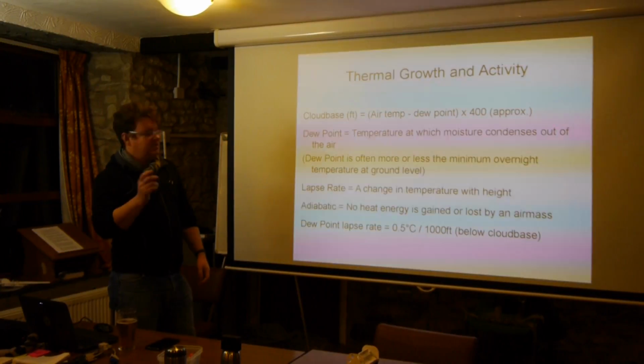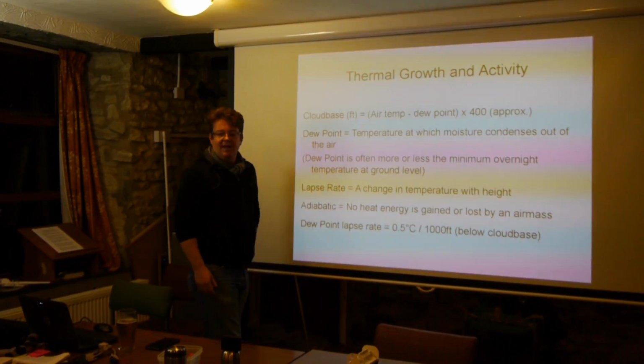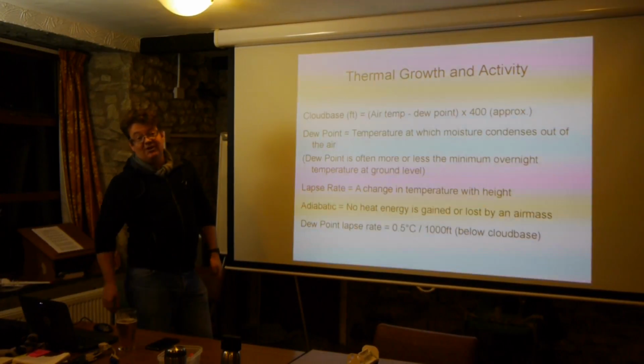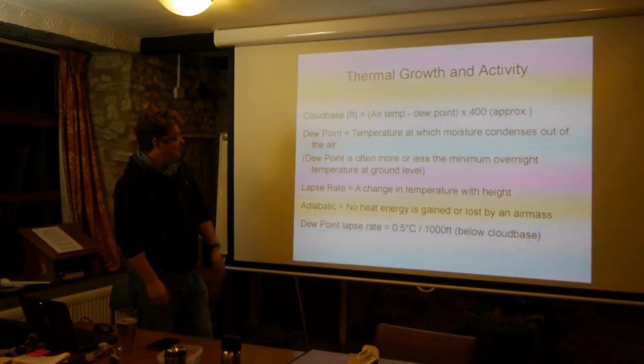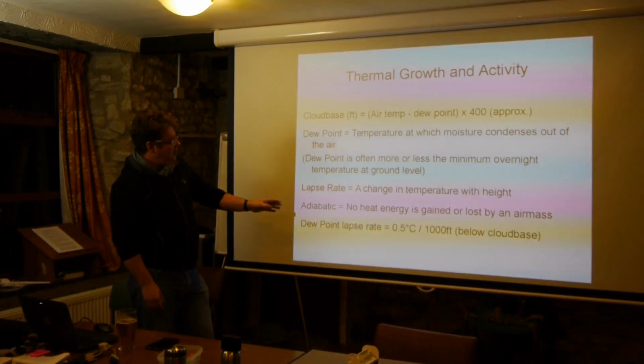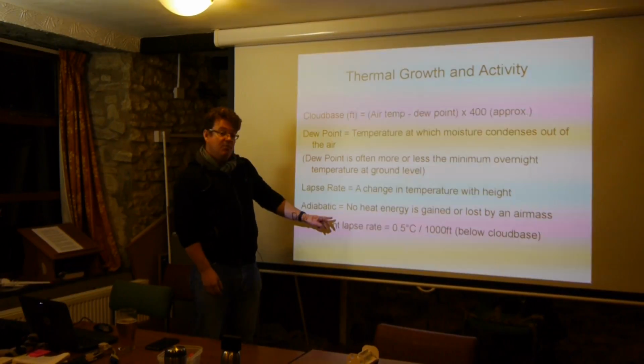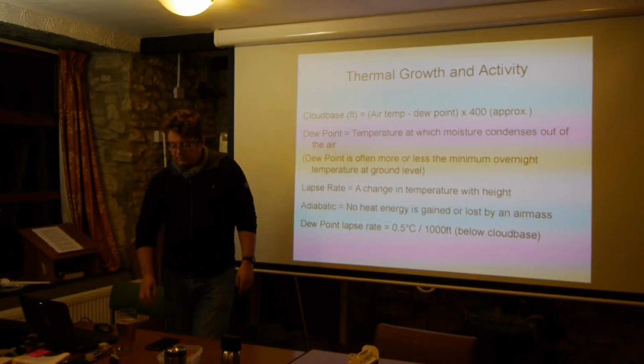Once you get to cloud base, there is no dew point lapse rate any longer. You've reached the dew point. It carries on with the saturated adiabatic lapse rate, which we'll talk about in a moment. So that's a specific kind of lapse rate that tells you how the dew point changes with altitude.